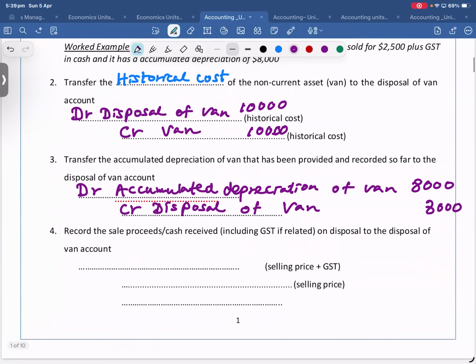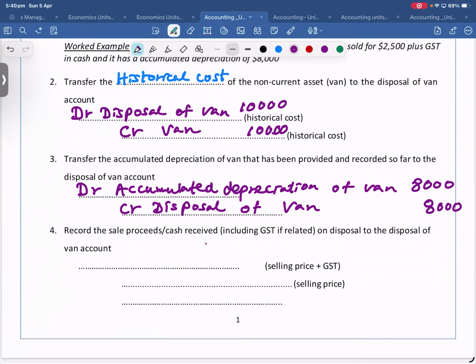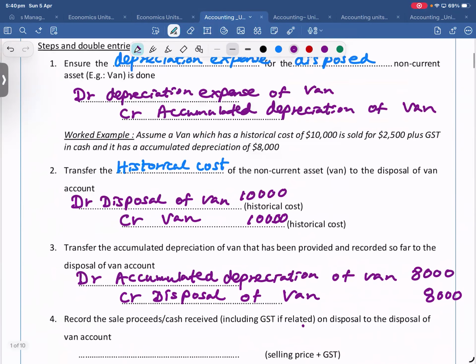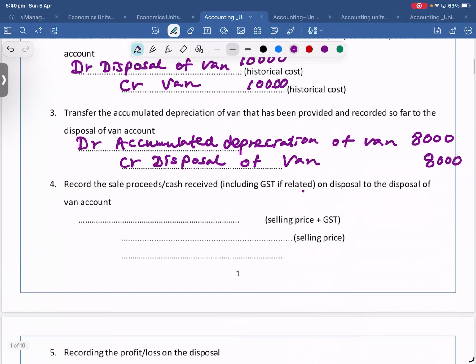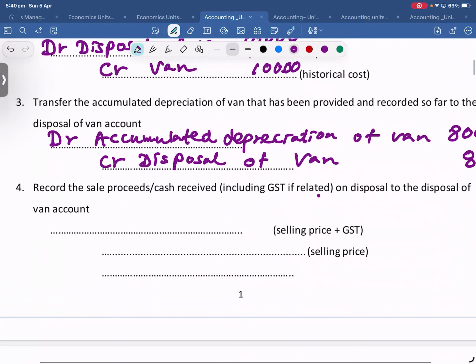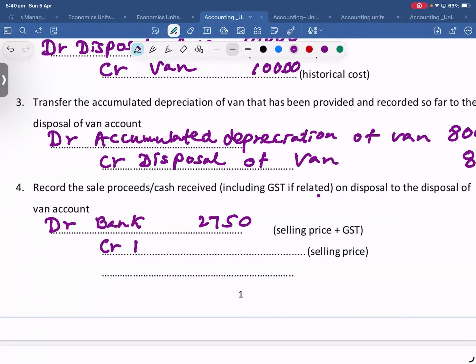Then record the sale proceeds. Sale proceeds means how much you sold it for, right? Including GST. Then we are going to record it. How much did we sell it for here? 2,500 plus GST, right? What's the double entry for that? That's easy. Debit bank, how much? Yep, 2,750. Credit.